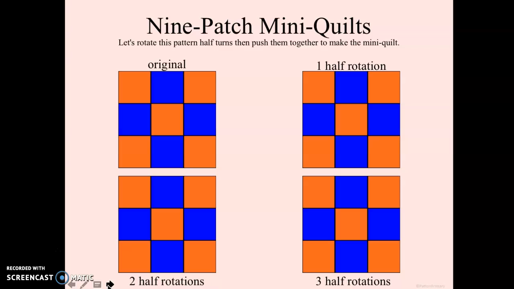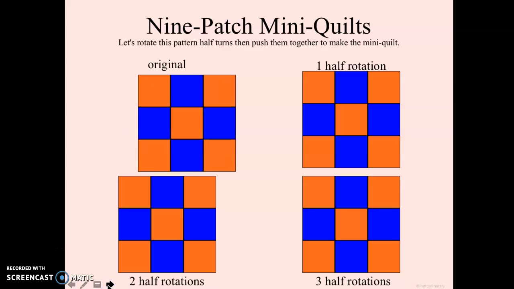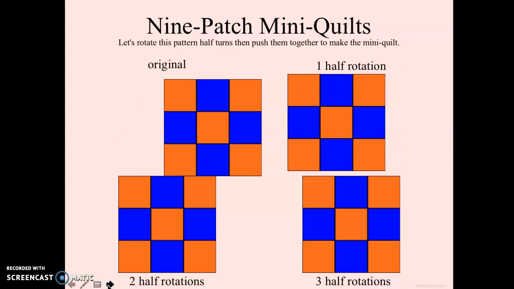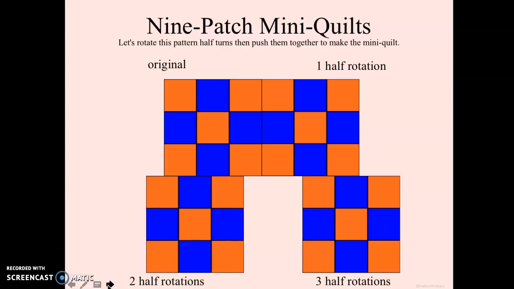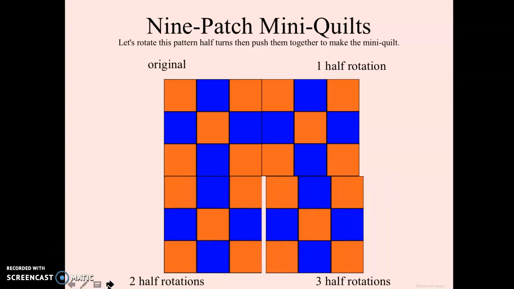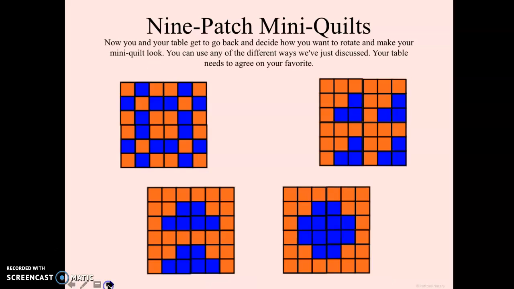Let's rotate this pattern half turns, then push them together to make the mini quilt. The patterns with these quilt blocks, it doesn't matter how you turn them, the quilt will always be the same.